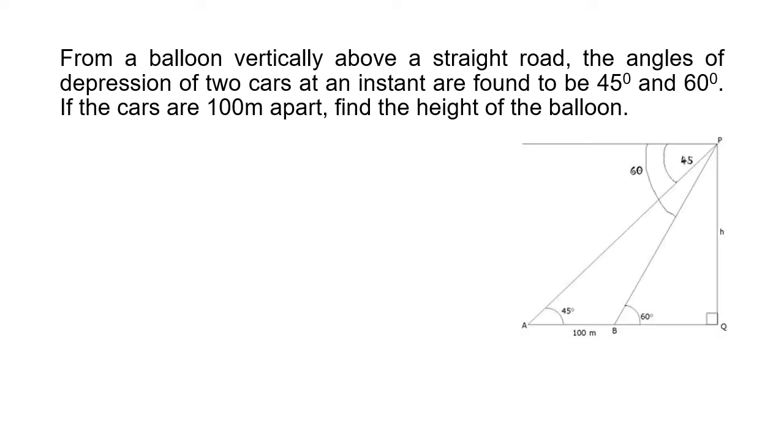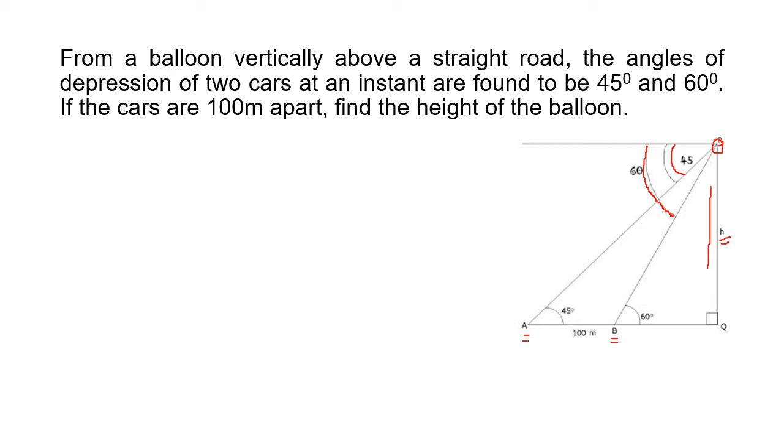So first of all we plot the diagram. So you can see here our balloon is at a position P above the ground. PQ is the height of the balloon. Let us call it H. Now from this balloon at a given instant, there are two cars at point A and point B. The car which is further away will have a lesser angle, the car which is near will have a bigger angle.